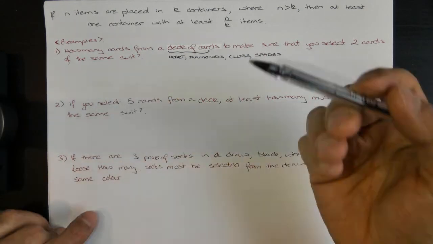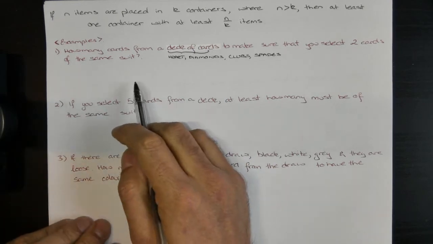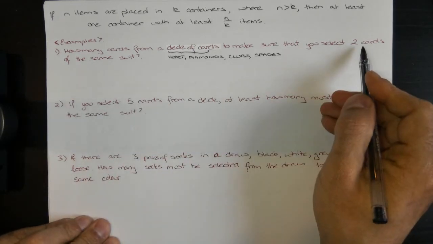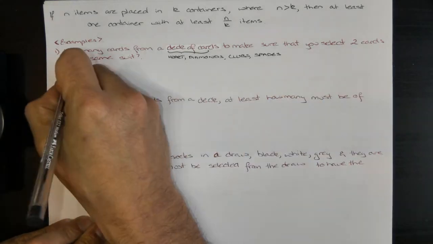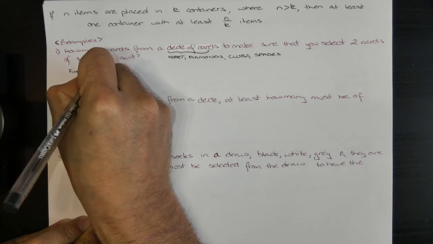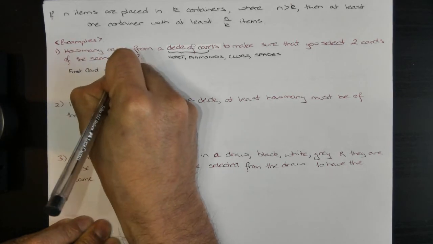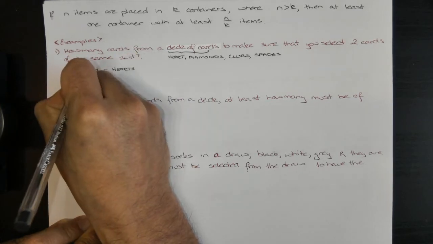If I'm selecting one card at a time, how many must I select in order to get 2 cards of the same suit? Imagine I take out one card, and let's say the first card was hearts, and the second card I took out was a diamond.